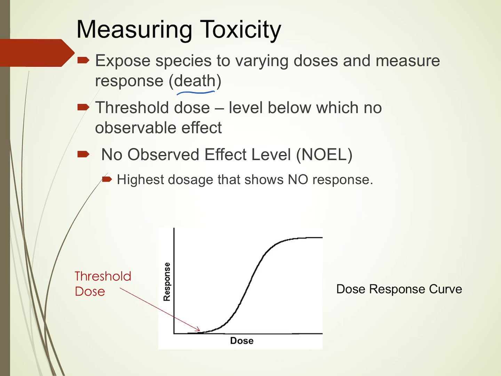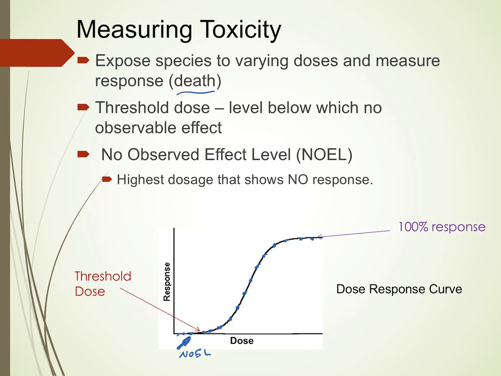Keep in mind, this is a curve, but it's probably composed of individual data points. So there's your NOEL, the highest point at which you see no response. It's going to be just below your threshold dose, depending on how many data points you have, that type of thing.